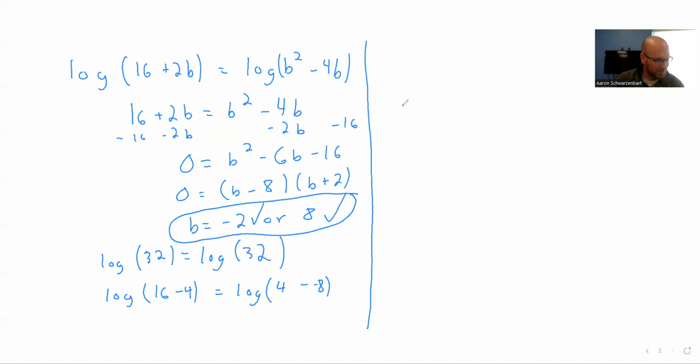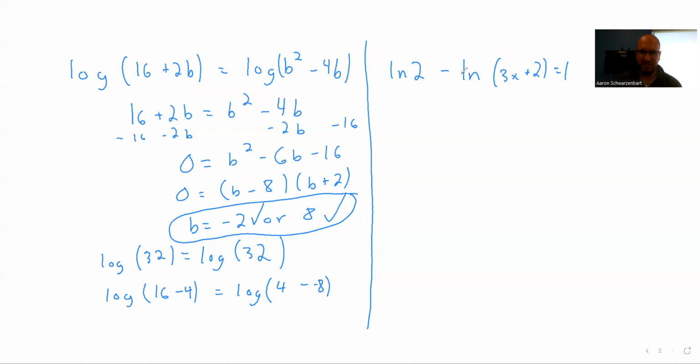Okay, and now I'm going to do number 23. This one we're doing ln's, or log base e's. Now for this, there's no way for me to get this into a log on each side. Well, there sort of is, but it's a little more complicated. So I'm going to use my laws of logarithms to combine them.